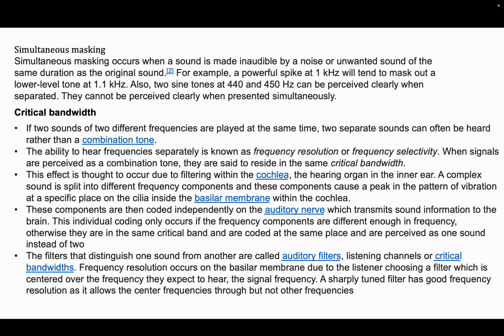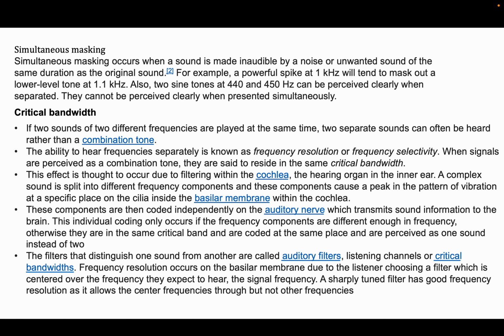If you are hearing them as a combination tone when they're played simultaneously, then they reside in the same critical bandwidth and they're exciting the same part of the auditory nerve. This occurs due to filtering in the cochlea, the hearing organ in the inner ear. Complex sound is split into different frequency components.